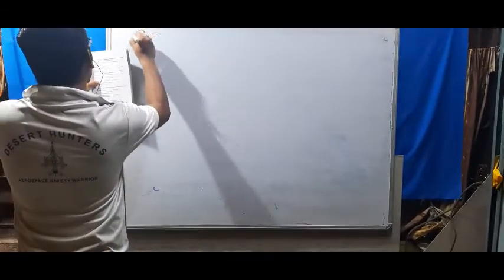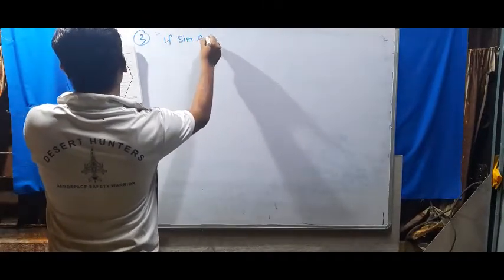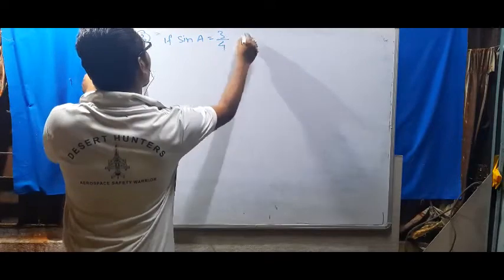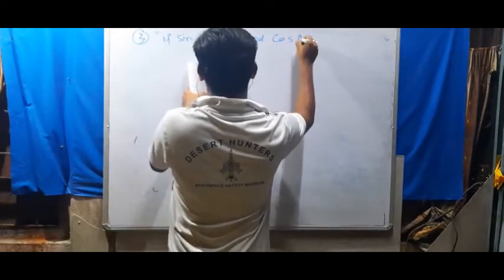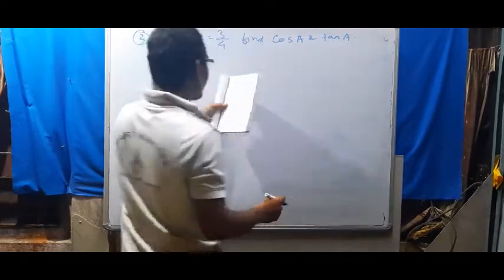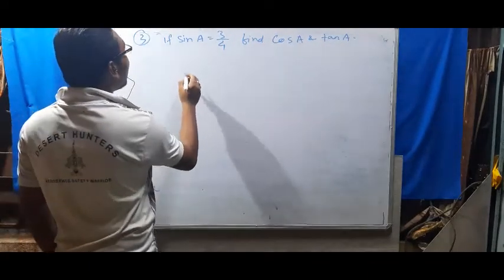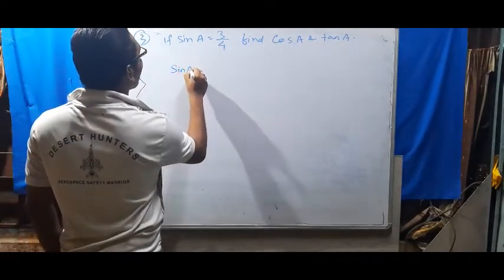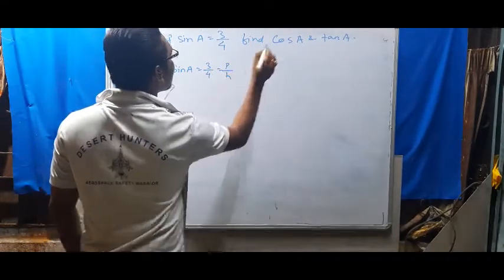Number 3 is given: if sin A is equal to 3 by 4, find cos A and tan A. So sin A is equal to 3 by 4, that means perpendicular by hypotenuse is given.